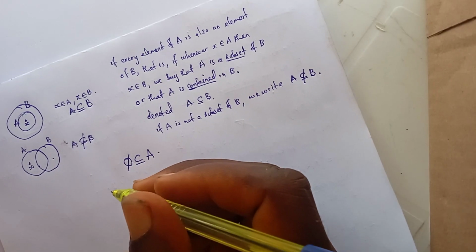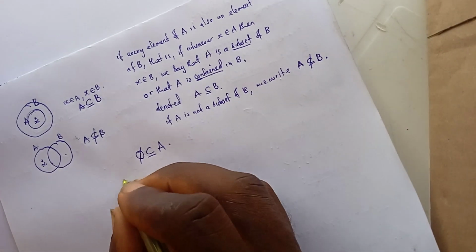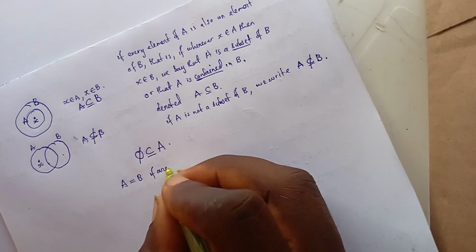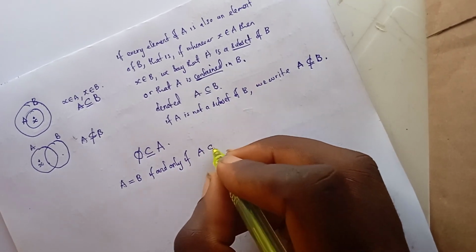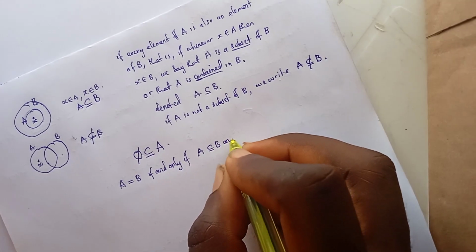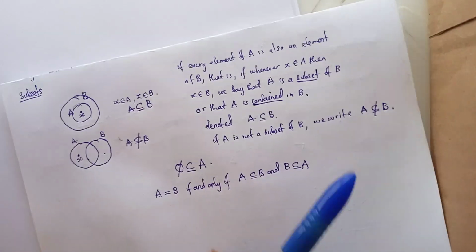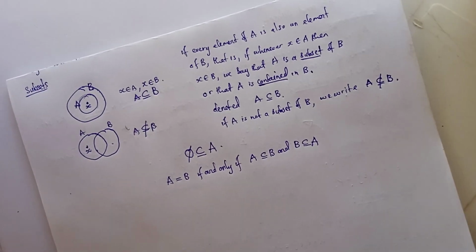Now, it is easy to see that two sets are equal, that is, A equals B, if and only if A is contained in B and B is contained in A. This is the condition for us to say two sets are equal.